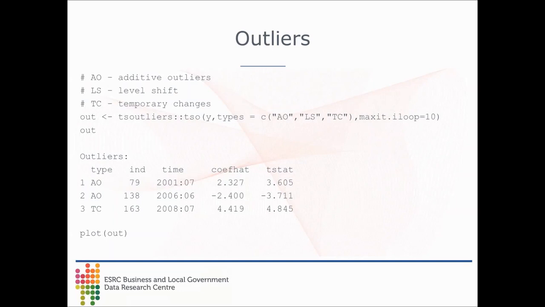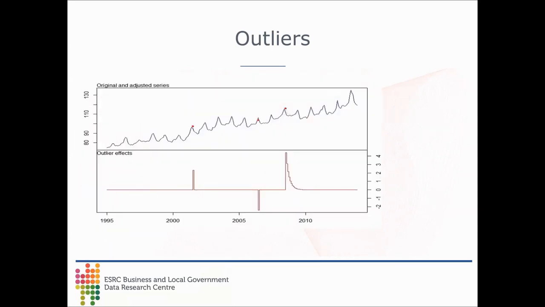Now, I can plot that to see exactly what these outliers look like. When we're talking about big data, pictures often paint a far better picture than numbers themselves. Here we can see the red dots. These are being identified as the outliers within this graph. The blue line shows the actual data itself.